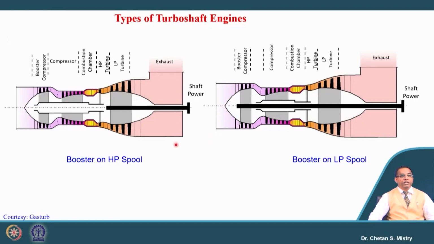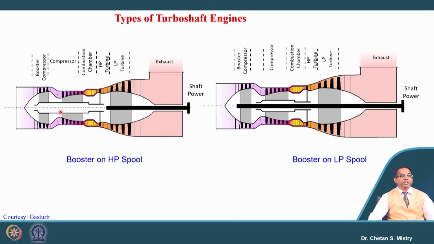Here it says booster on HP spool. The initial stages, as we discussed earlier, are named the LP compressor or booster compressor. The later part is defined as the HP compressor.